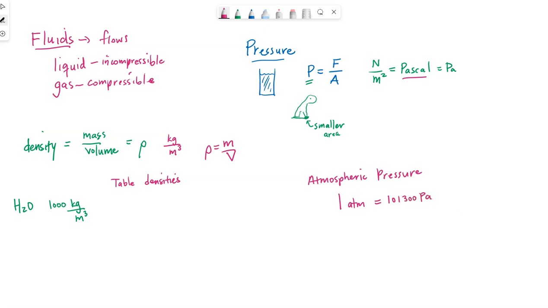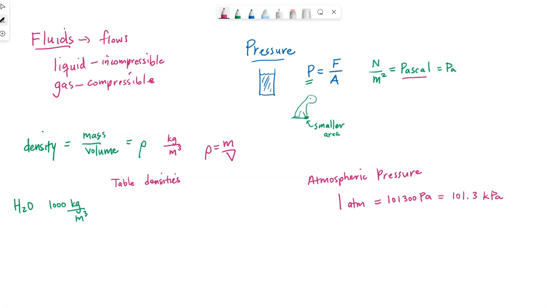This conversion is known more specifically, more accurately. Our author chooses to round it to this value of 101,300 pascals. You will also see that written as 101.3 kilopascals. So we will be converting back and forth between ATM and pascals as we solve different problems.